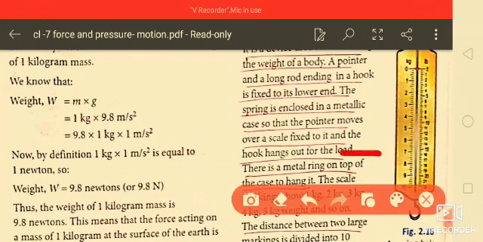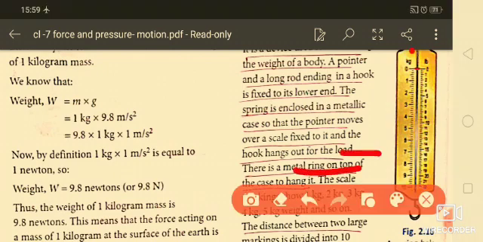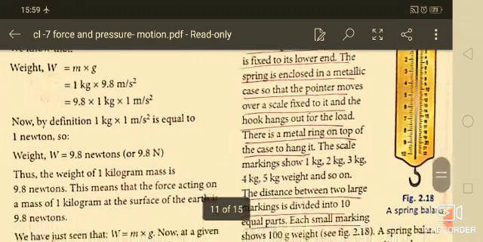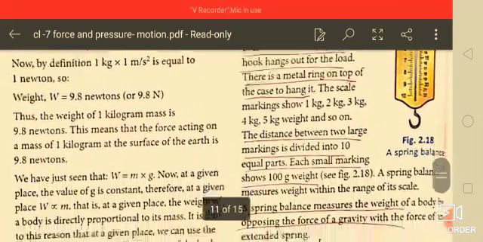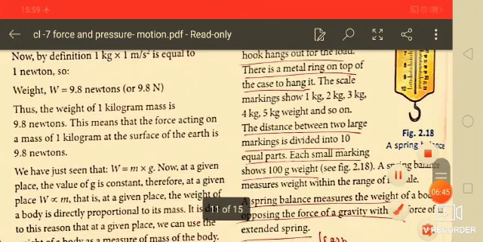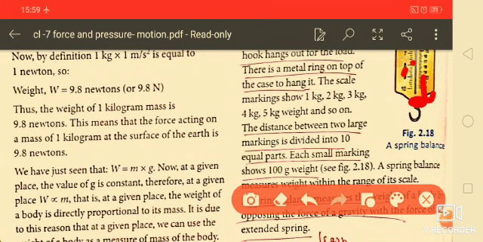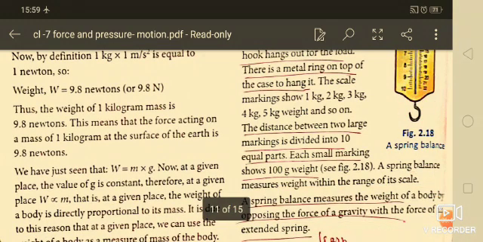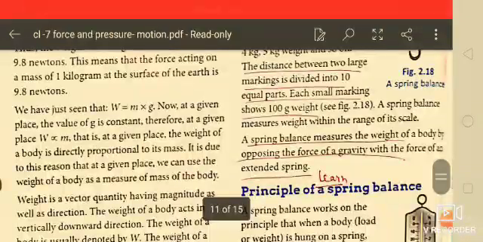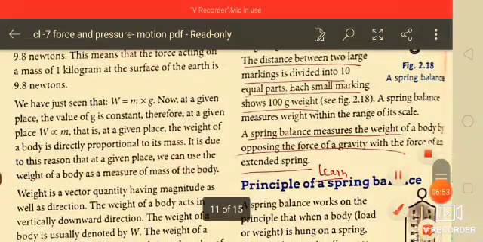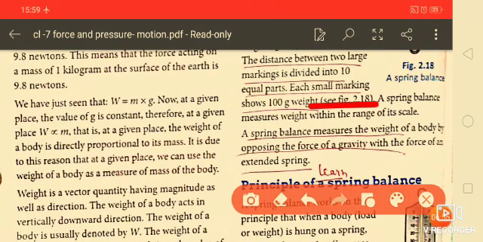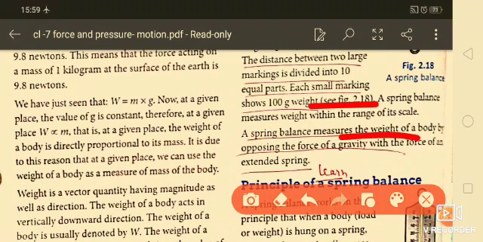There is a metal ring at the top for hanging it, and the scale marking shows 1 kilo, 1, 2, 3, 4. Small markings are also there, and each small marking shows 100 grams. A spring balance measures the weight of the body by opposing the force of gravity with the force of the extended spring.